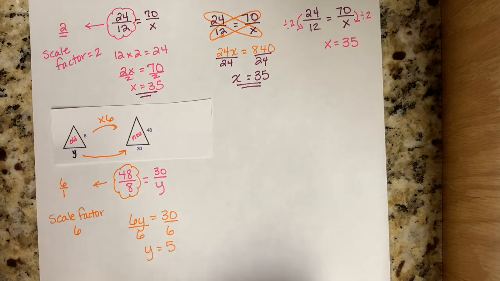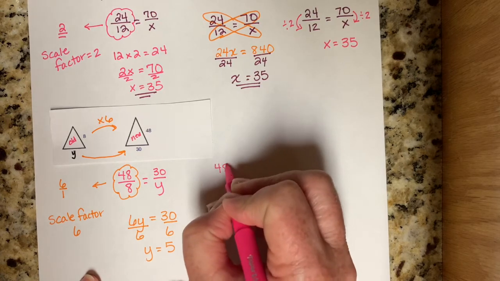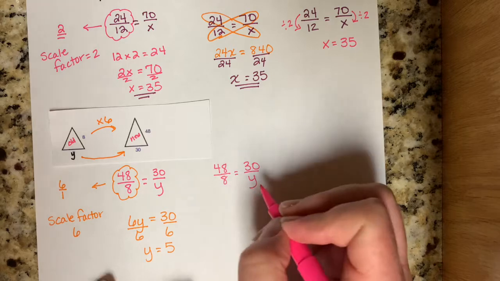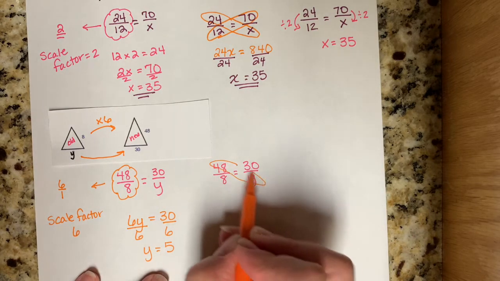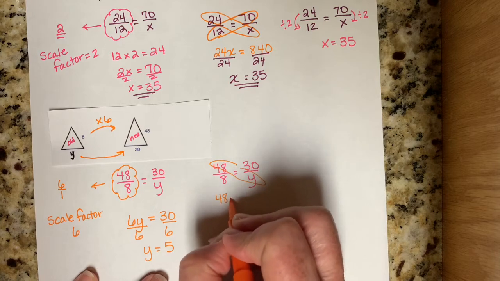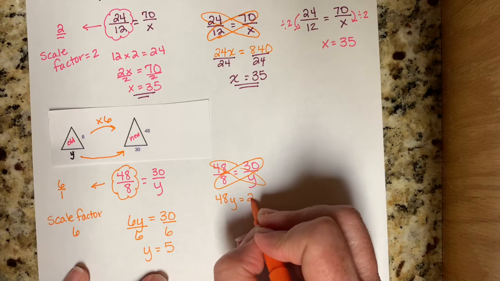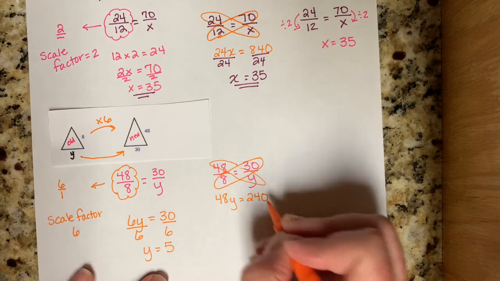Well, that was me using the scale factor to figure out the answer. What if I use that original proportion that we created? 48 over 8 equals 30 over y. And if I cross multiply this, I get 48 times y, and I get 8 times 30, which is 240.